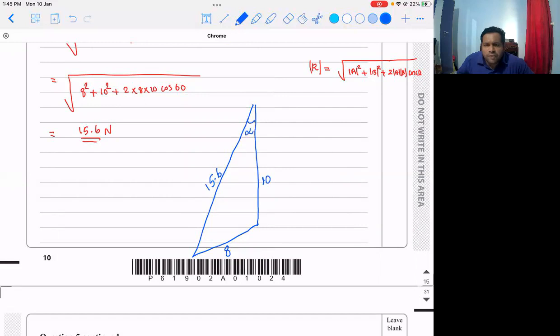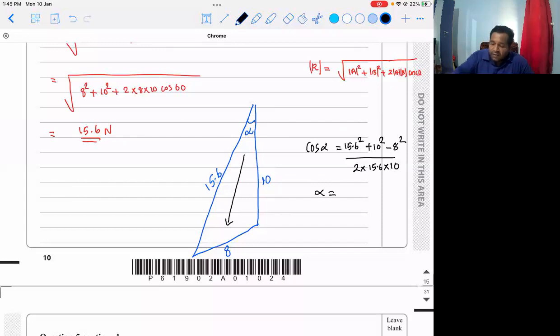Are you able to use any formula that we learned in your lower classes, or you learned in P1 as well? What is that? Cosine rule. So what is cos alpha? Cos alpha is equal to 15.6 square plus 10 square minus 8 square divided by 2 times 15.6 times 10. So could you please calculate the value of alpha, please?